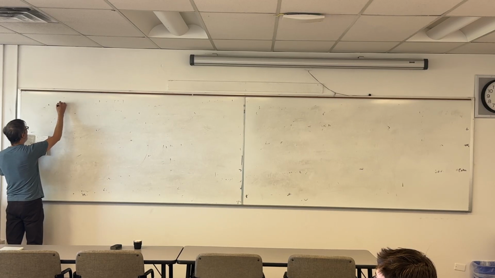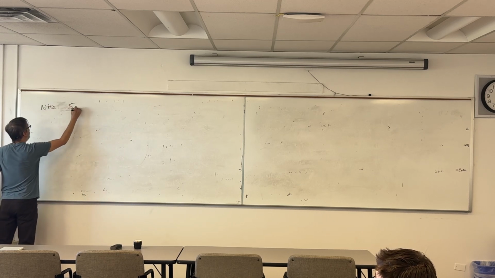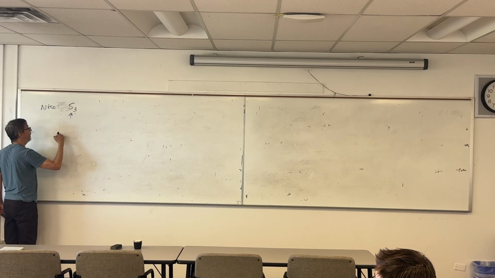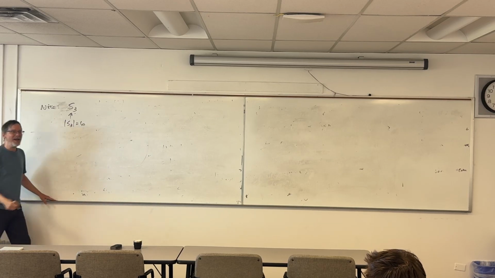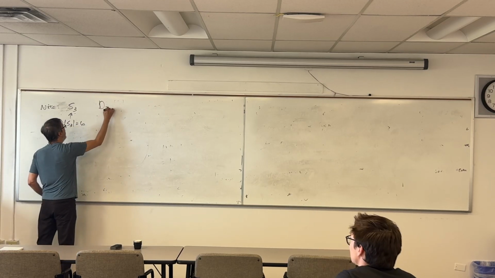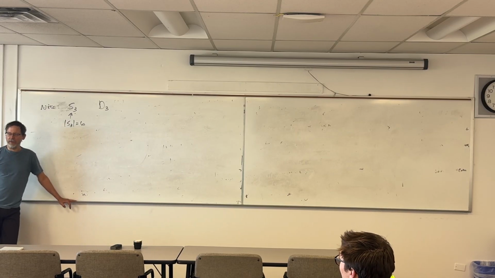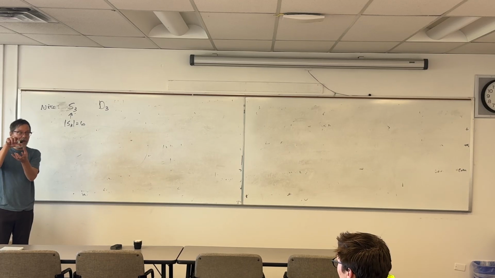All right, so I want to come back to this. First off, just a couple of notes. How many things are in S3? There's 6 things in there. How many things are in D3? Do you remember that? That's the symmetries of a triangle. We had the 3 rotations. And how many flips did we have?